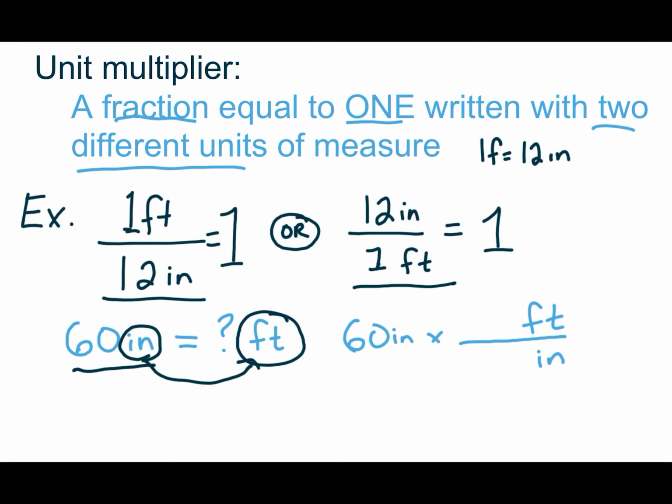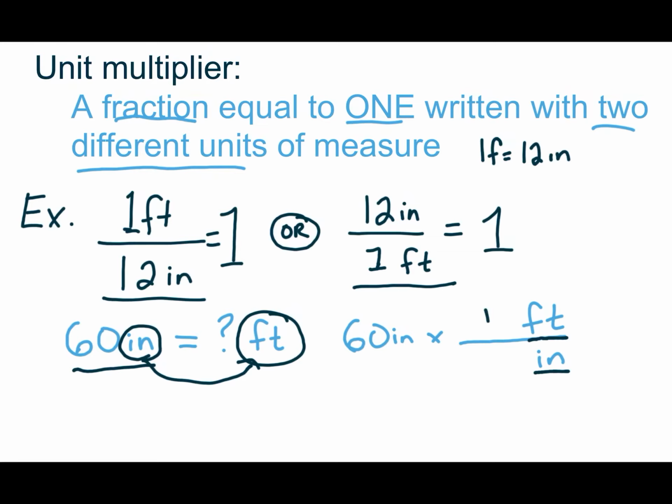So if we have 60 inches of, let's say, ribbon, we want to know how many feet that is, we can use a unit multiplier. Now, we're going to use the unit multiplier where feet are on the top in the numerator, and inches are in the denominator. Because watch what happens when I do that.